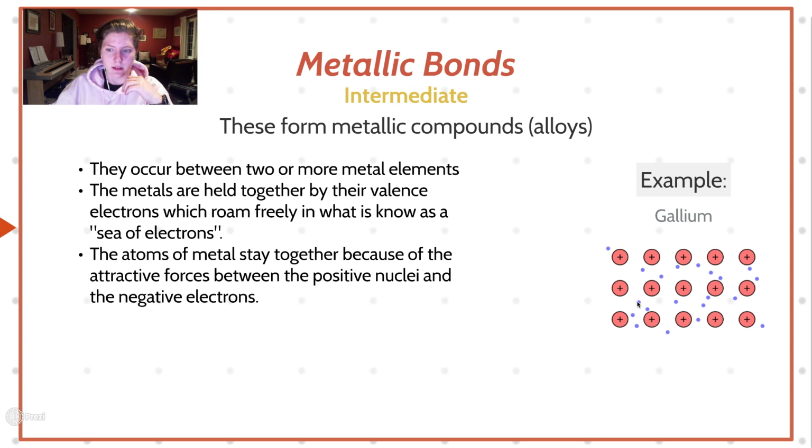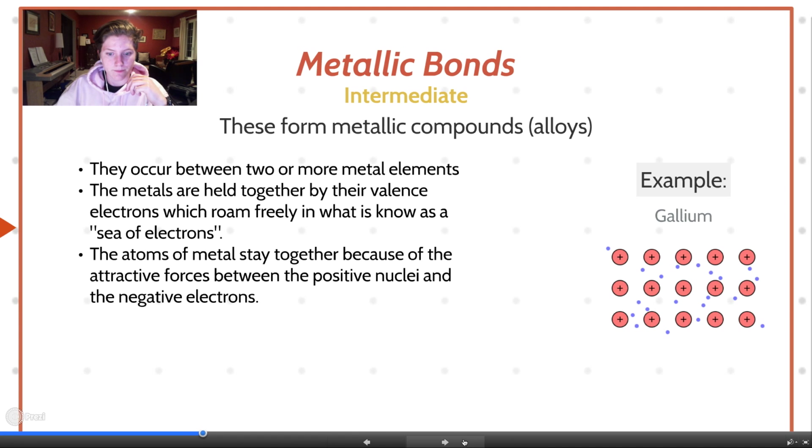It's just the fact that the electrons are roaming freely, which keeps them together. And it's referred to as the sea of electrons. That's the name of the model. The atoms of metal stay together because of the attractive forces. So these electrons are flowing around freely, and they're still attracted to their nuclei, which keeps the metallic compounds together.